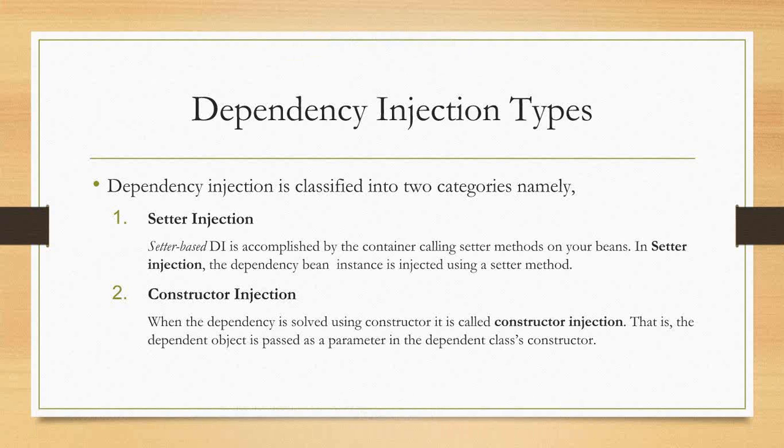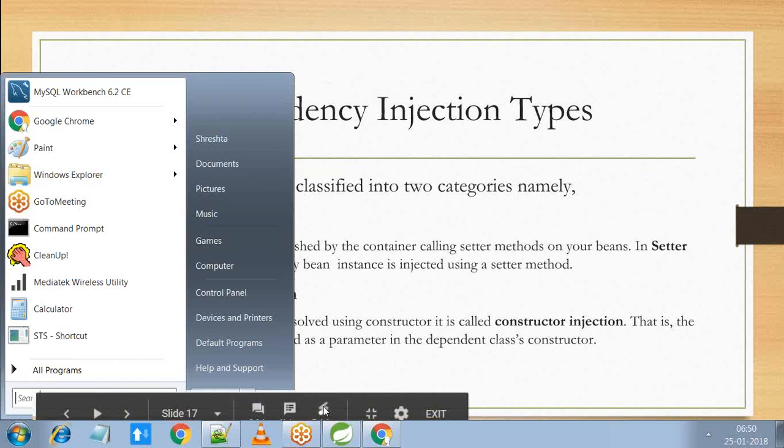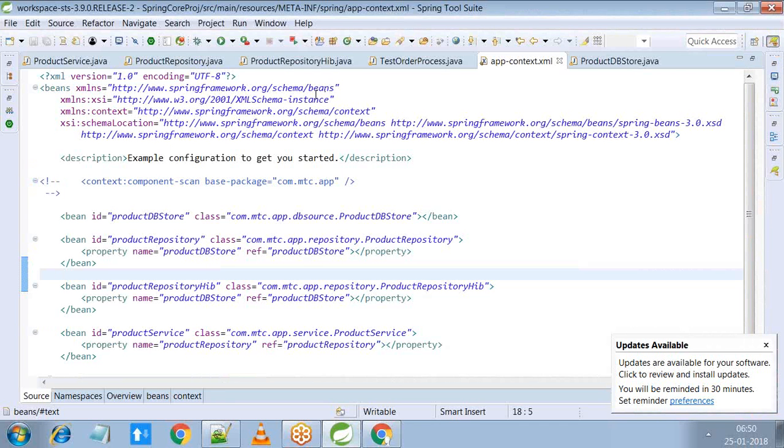By calling the setter method, the container will inject the dependency. That is what it does. That's the reason why I was asking you to add a setter method for the dependency property.